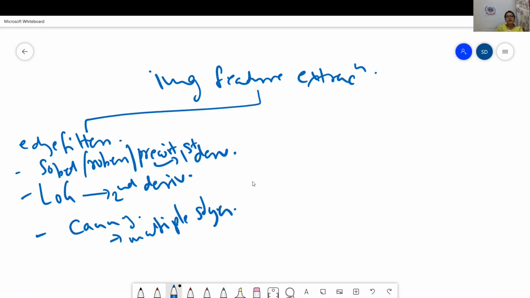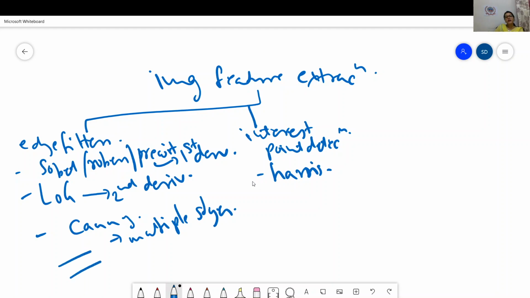Then as part of interest point detection, we saw the Harris corner point detector. In the previous case we tried to find the edges.